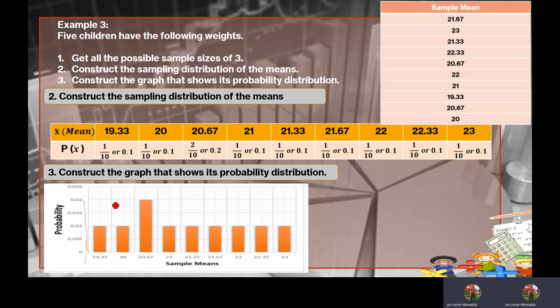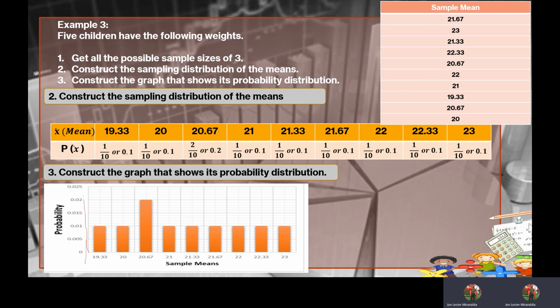But as you can see, yung mean na 20.67 is dalawang beses siya nag-occur dun sa ating sample mean. Kaya naman, kung mapapansin siya dito sa ating illustration or histogram, naka-plot siya sa 0.02 or 2 out of 10 or in decimal form 0.2. Kaya, i-graph nyo lang siya dito sa ating 0.02.